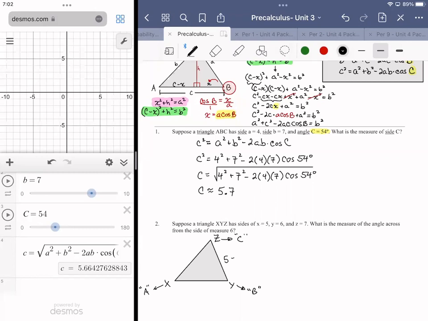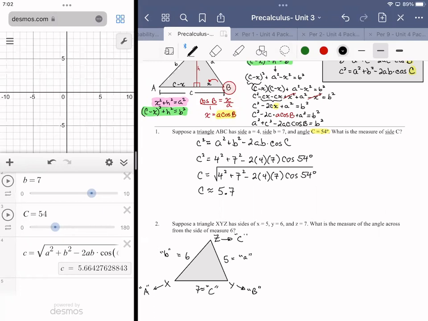So that's my lowercase a. Across from the y would be the 6. That's going to be my lowercase b. And across from the z is 7. So that's my de facto c value, my side c.